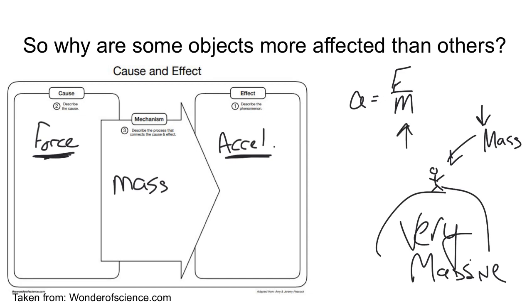If we look at this equation, mass is on the bottom. So if we have a really big mass, that's going to make the acceleration very, very small. If we have a small mass, we're going to have a really big acceleration. Remember the concept of inertia. The Earth has much more inertia than I do, and so the Earth is much less affected by the force acting on it than I am.